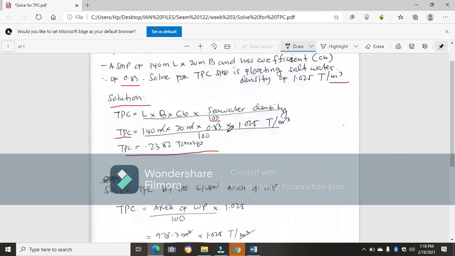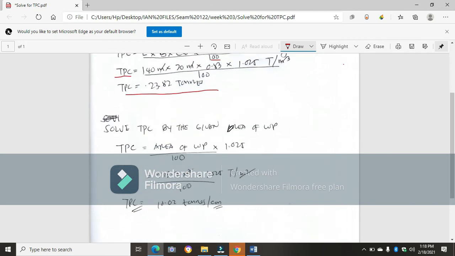Okay, so how about if the given is the area of water plane? So there is also a formula for that in finding TPC. So TPC equals area of water plane times 1.025 divided by 100. So let's say, for example, your area of water plane is 978.3 square meters times 1.025 tons per cubic meter divided by 100.